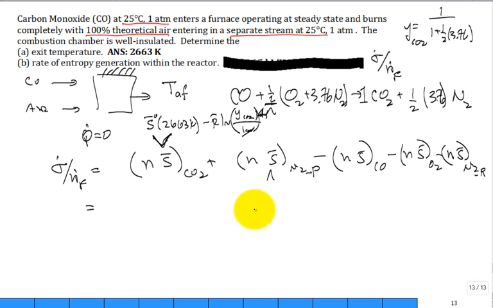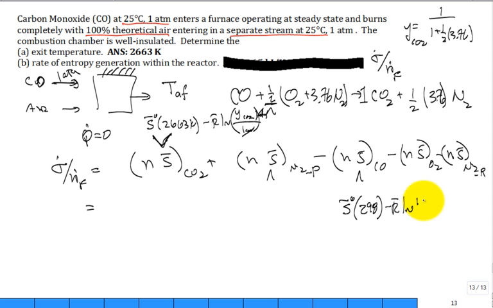Now, same thing for the nitrogen. You'll have to get these values there. How about here for the carbon monoxide coming in? It's S naught bar of the carbon monoxide at 298 Kelvin coming in minus R bar natural log. Look at it, it's a pure stream of carbon monoxide at 1 atm. So what is the mole fraction in the pure stream? 1.